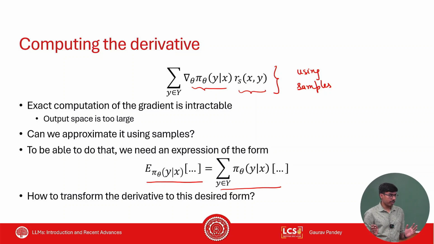Now this is not possible, so I somehow need to replace this with a few samples. So the question is, where should these samples come from? When there is an expectation, I immediately know where the samples should come from. It should come from the distribution for which you are computing the expectation. That's why I want this to become an expectation. Does it make sense? Okay.